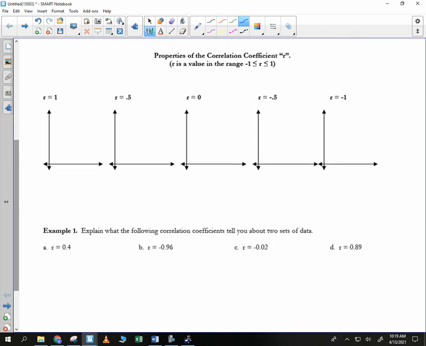Properties of the correlation coefficient are. R is a value in the range of -1 to 1. It is not slope. R equals 1 would be an extremely strong relationship.